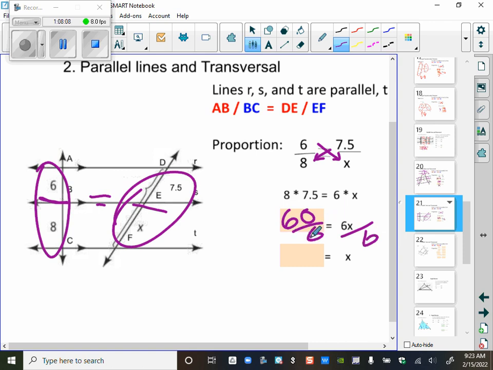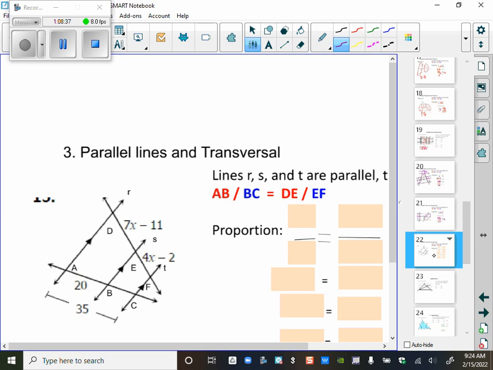Divided by 6. Boom, there you go. Questions? All right. Remember, gotta have these slides completed, otherwise you're not gonna get full credit for the notes. Okay, moving on.